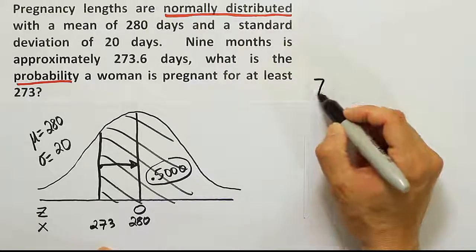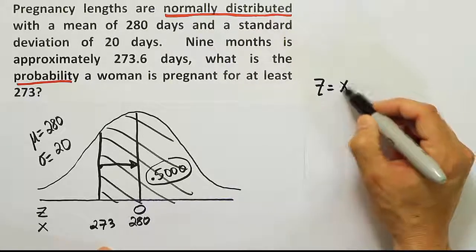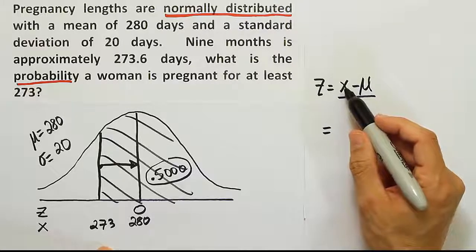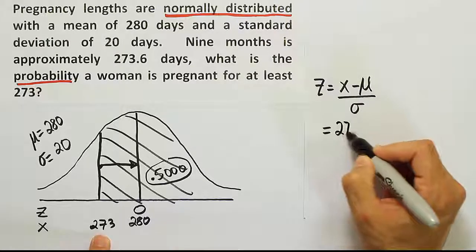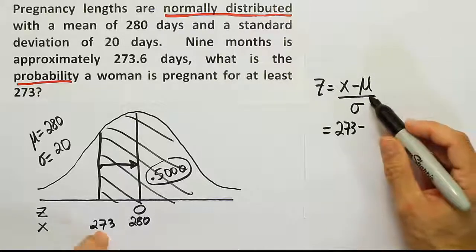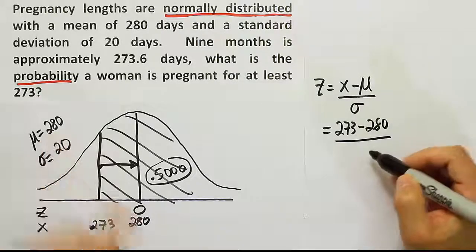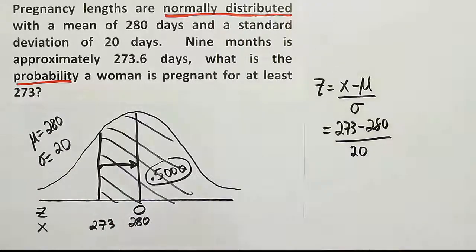Let's say that z is equal to x minus the mean over sigma, where x is the score you want to convert. So we want to convert 273. We'll subtract off the mean of 280 and divide by the standard deviation of 20. Okay, let's see what that gives us.